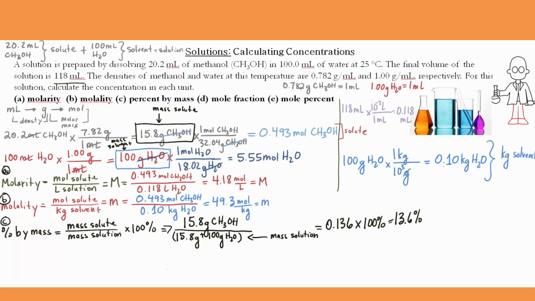So what that says is for every 13.6 grams of CH3OH, we have 100 grams of solution.